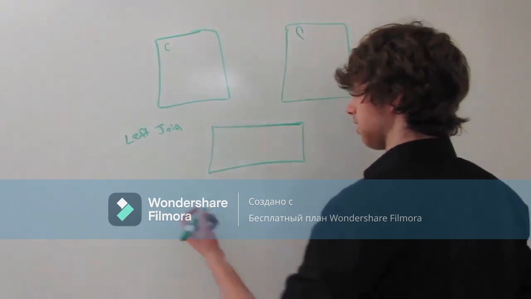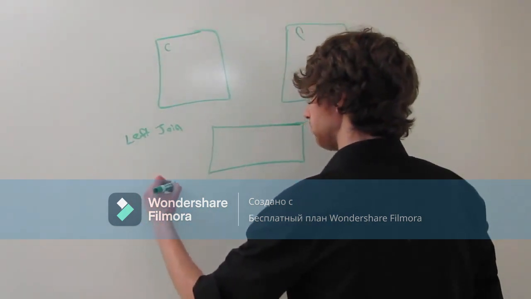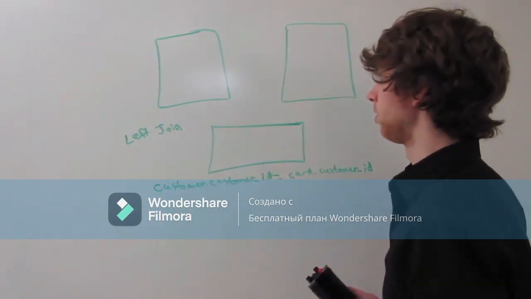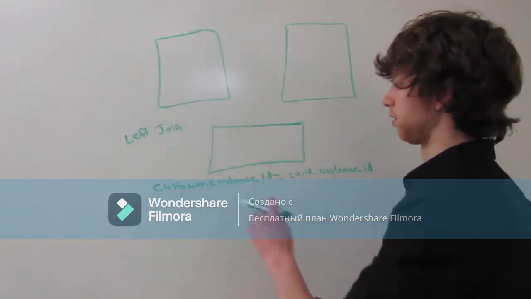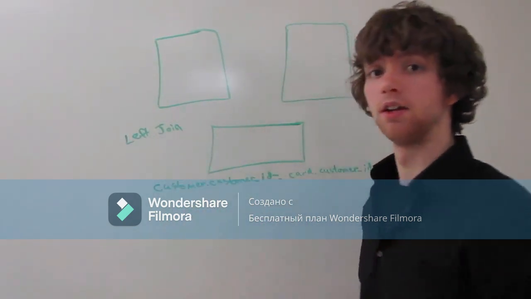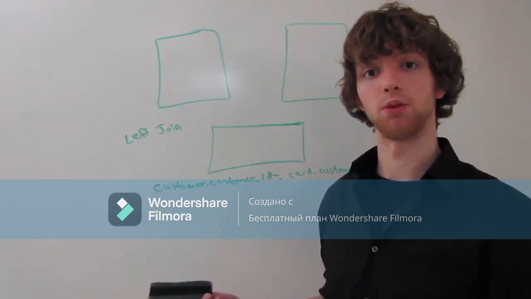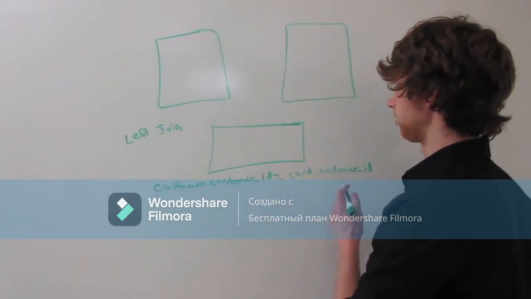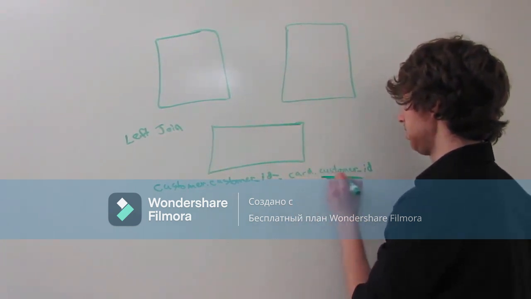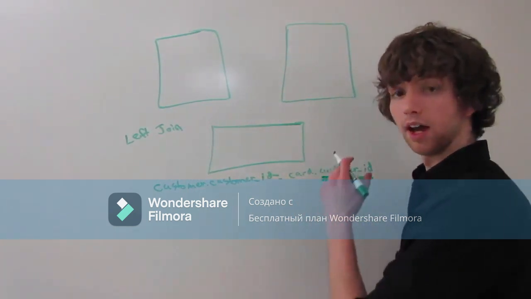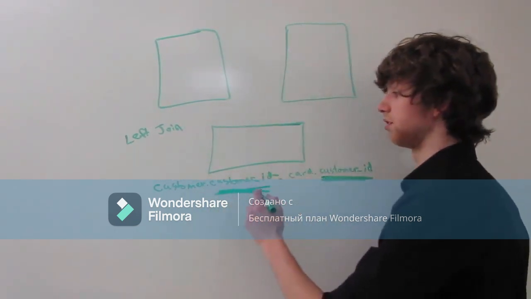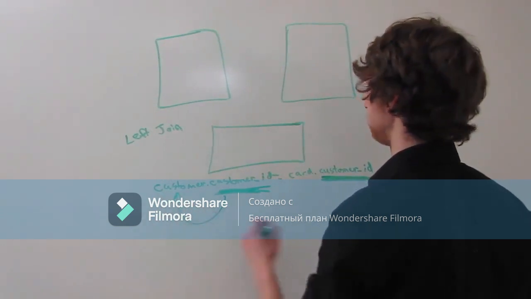So the join statement, let me write it out, was customer ID equals card customer ID. With this left join, all of the rows are going to ignore this on the left side, so it's going to return every single row. On the right side, though, it's only going to return the ones that have a customer ID of the same value within the customer table.